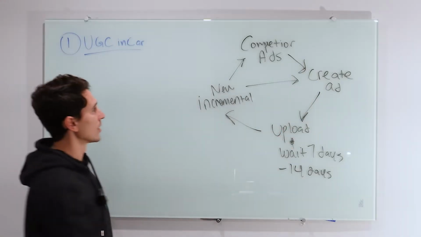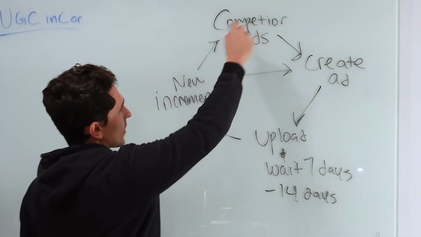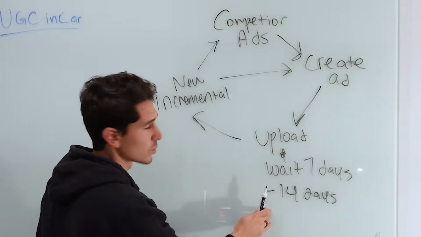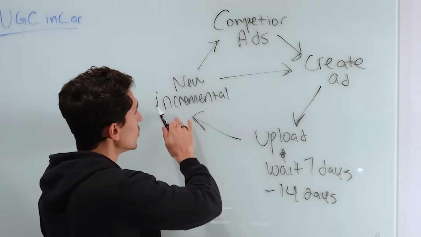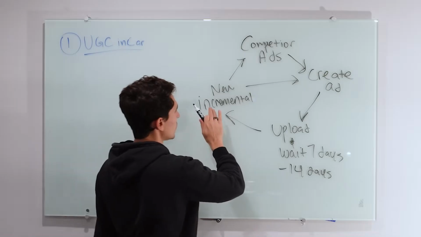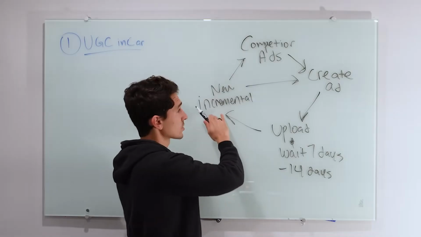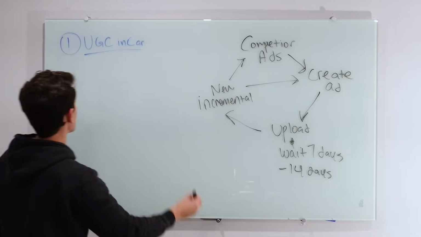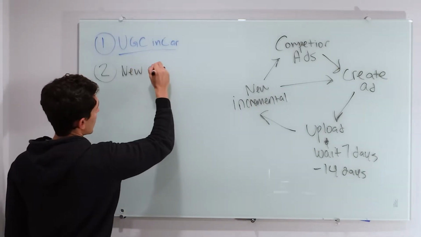This is the flywheel. You're constantly taking a look at what's going on in the market. You're creating new ads based on that. You're uploading and waiting somewhere between 1 to 2 weeks. You're evaluating with new incremental conversion attribution windows. Then you're looking at your competitor ads again. Once you evaluate and analyze which actually works the best, you're then taking those ad concepts and creating more of them. And that's how you're going to find number 2, which we're just going to call new concept.